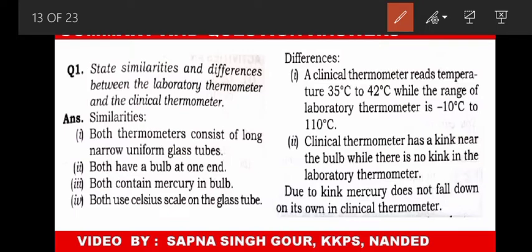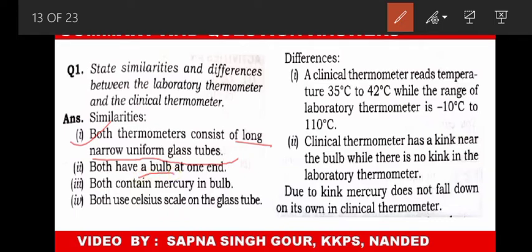First one, both thermometers consist of long, narrow, uniform glass tubes. We have seen the construction of both the thermometers. Then the second similarity is they both have a bulb at one end.